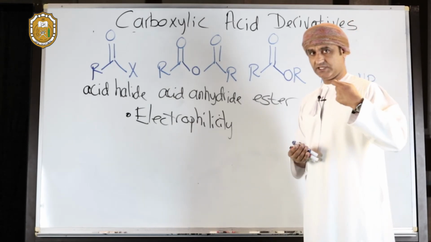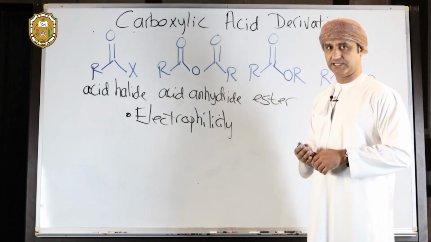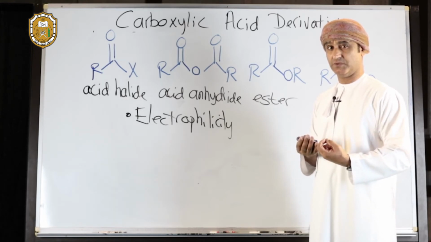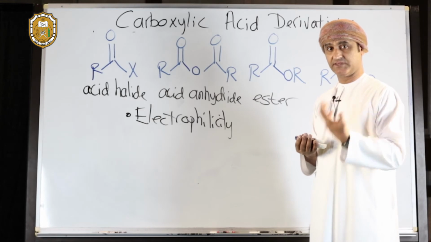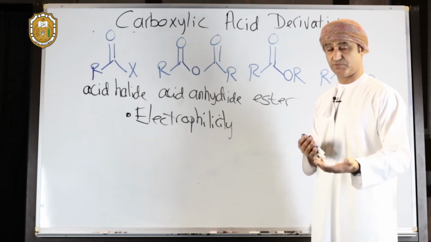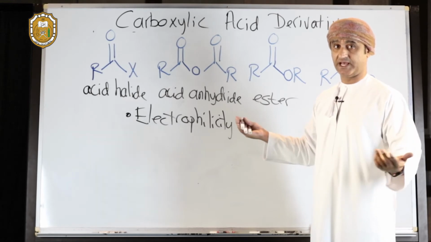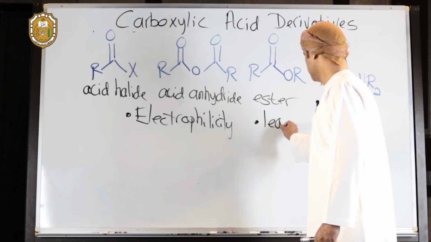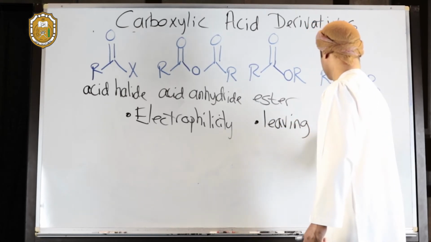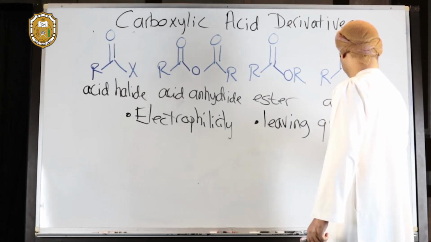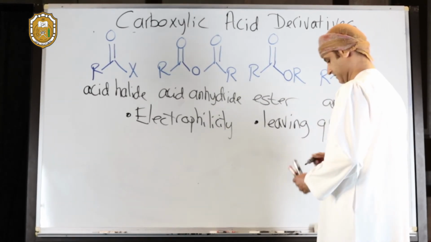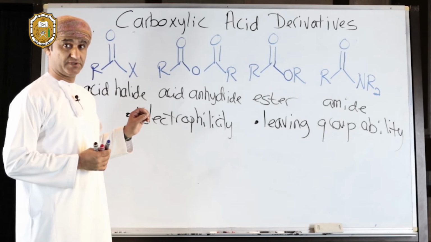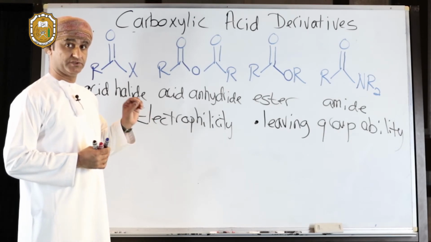Now, the second step of the nucleophilic acyl substitution reaction is elimination. So anything that makes the departure of the leaving group favored would make the corresponding carboxylic acid derivative more reactive than another. Therefore, leaving group ability is another important issue that we should discuss. A good leaving group obviously should be a weak base, a stable ion.